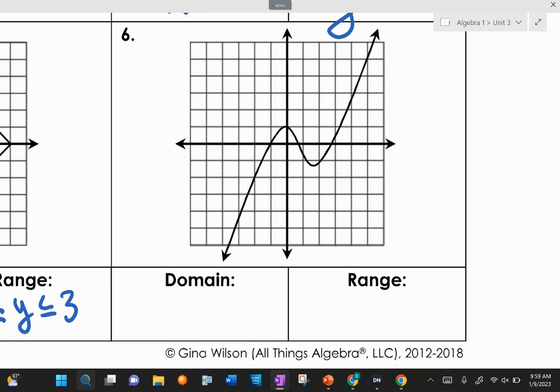Okay, let's think left to right. Left to right, what's our answer going to be for the domain, Ryan? If you can't get it, he's ready to help. I can phone a friend. Wouldn't it be like -1, right?